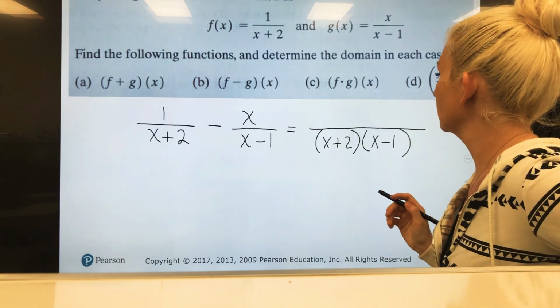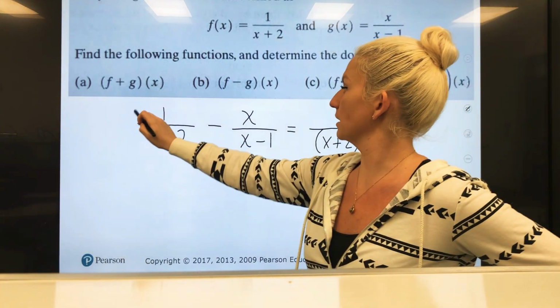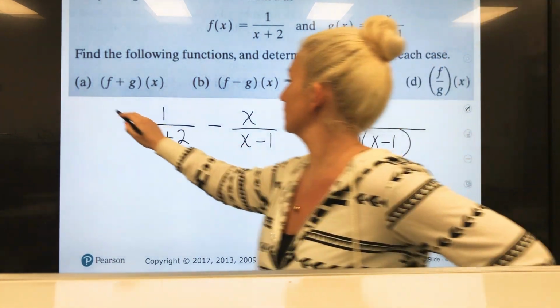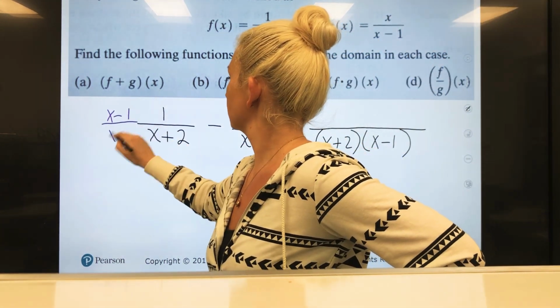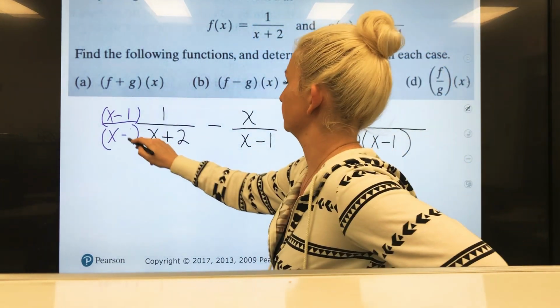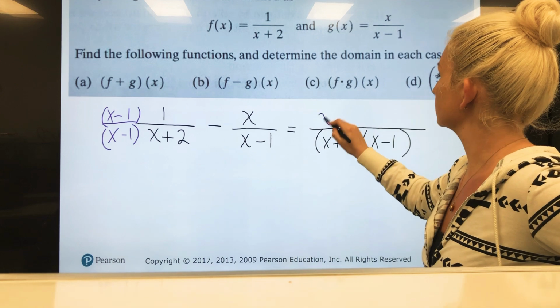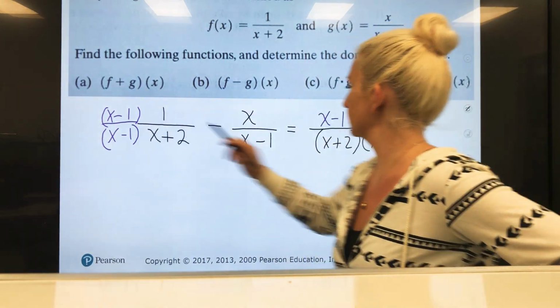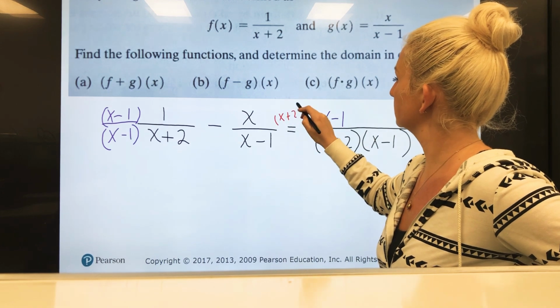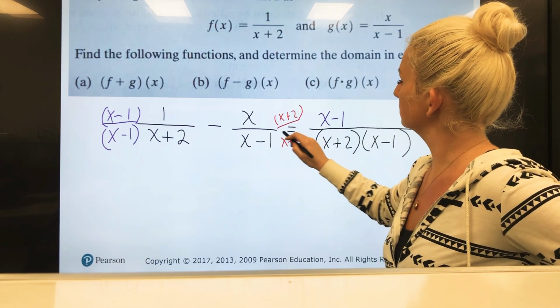Again, I'm going to multiply this side by x minus 1 over x minus 1. I have x minus 1 from the top here. And then this side, I'm going to multiply by x plus 2 over x plus 2.